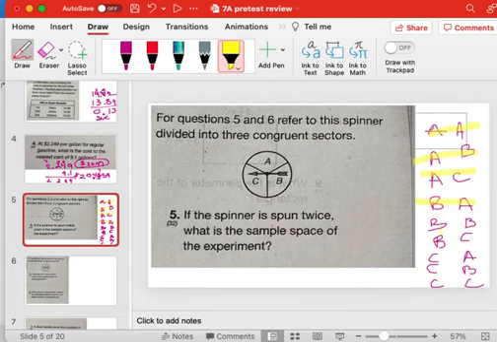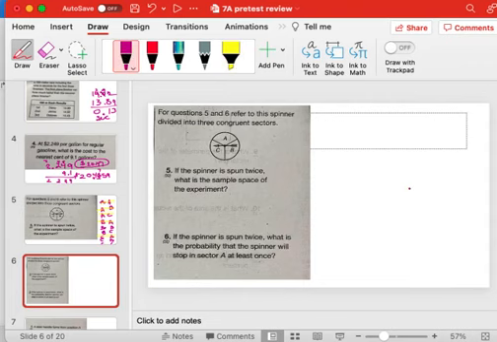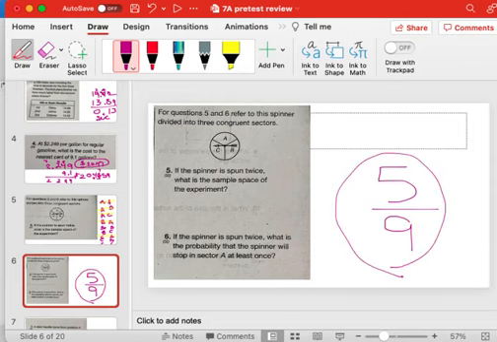This one has an A, and this one has an A, doesn't it? Okay, so we have 5 options out of how many options? 9. Out of 9 options. So we're going to say 5 out of 9, or 5/9 is the probability that we're going to spin an A at least once. Okay, do you understand why you cannot do the probability without the sample space?